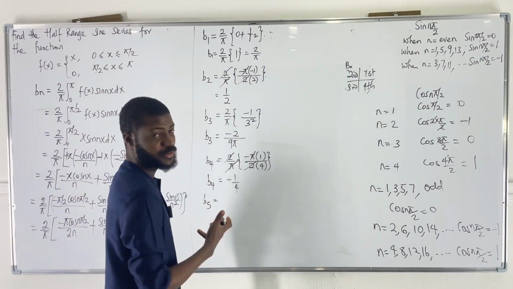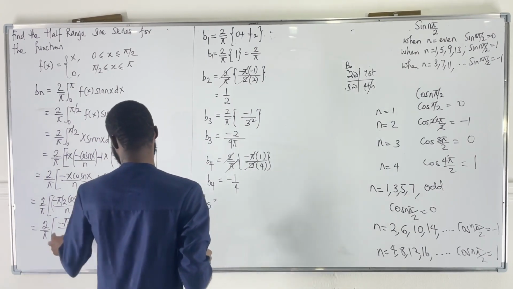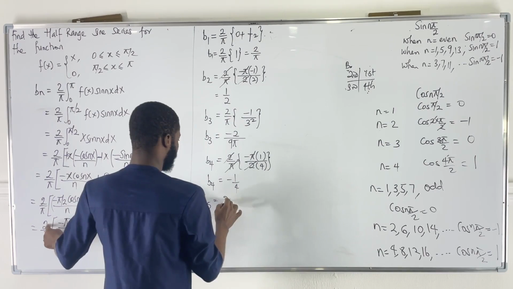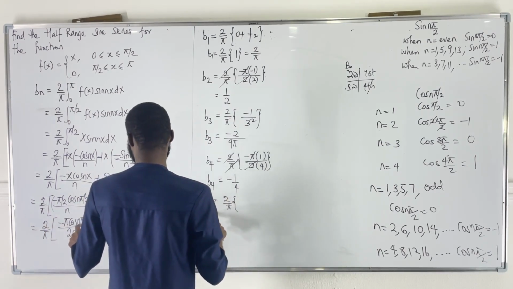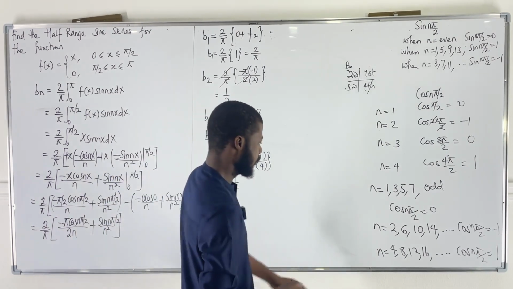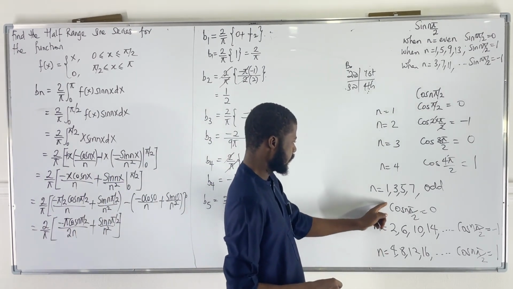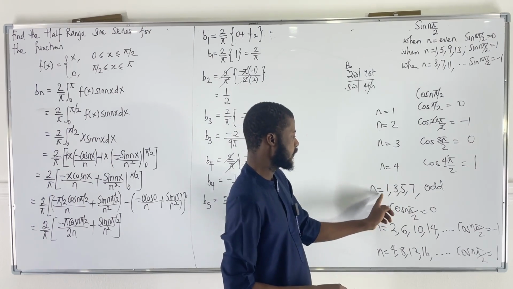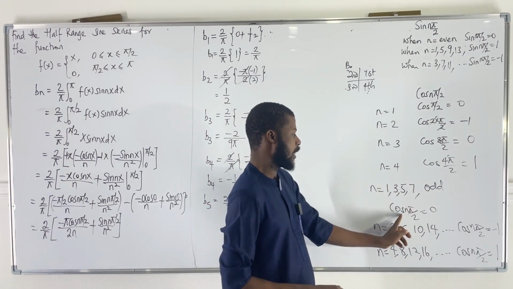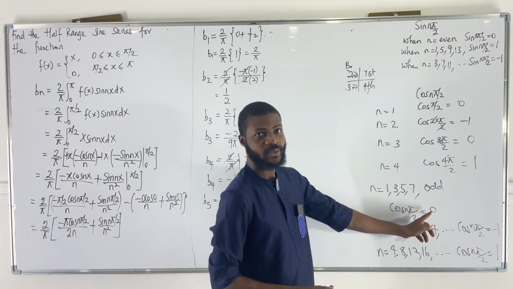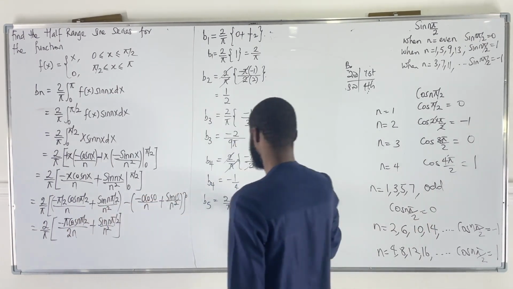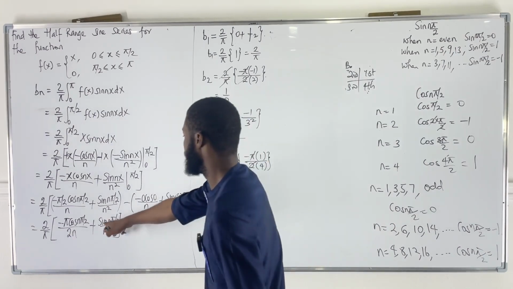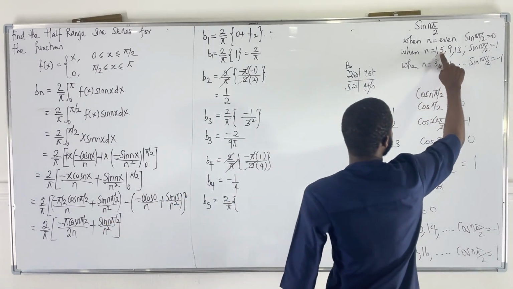Let's find b5. I think with this, it should be sufficient to get our Fourier series expansion. So we have 2 over pi. Now, what is the value of this when n is 5? When n is odd, our cos n pi over 2 is 0. So this part will just be 0. Then the sine, when n is 5, is 1.